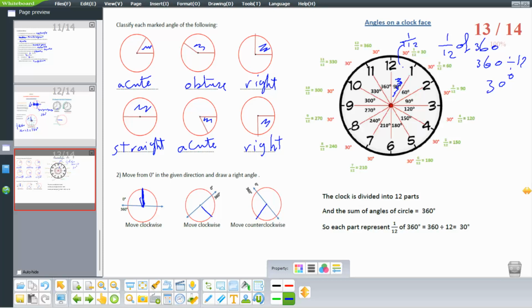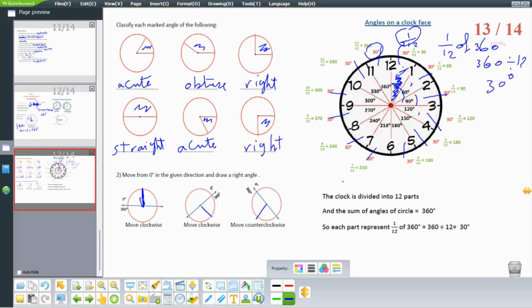So this part 1 over 12 means 30, and here 30 plus 30 is 60, then it will be 90, 120, 150, 180, and so on till 360. Again, every part of this clock is represented by the fraction 1 over 12, and this part 2 over 12, 3 over 12, up to 12 over 12.